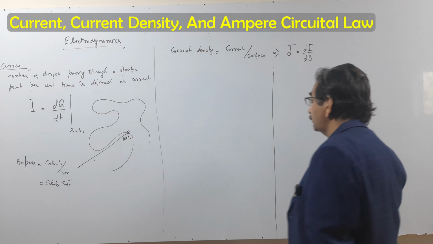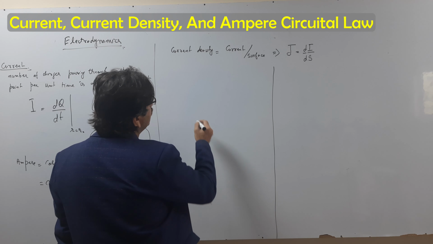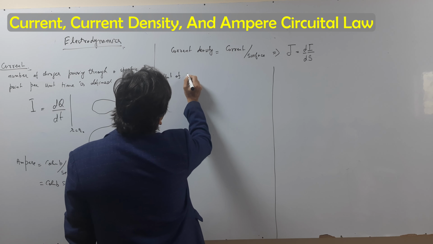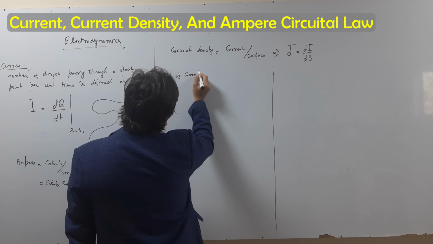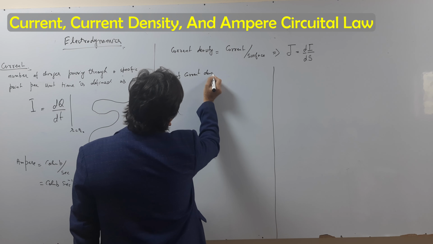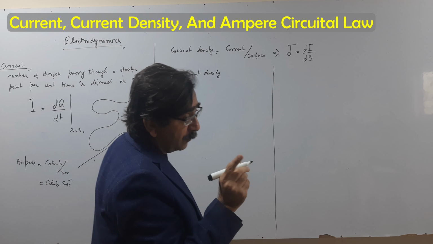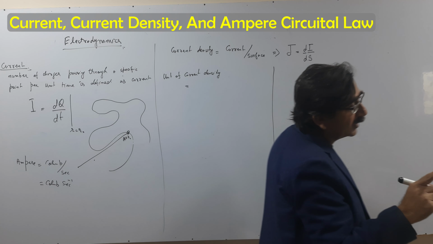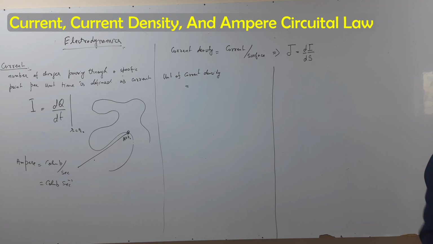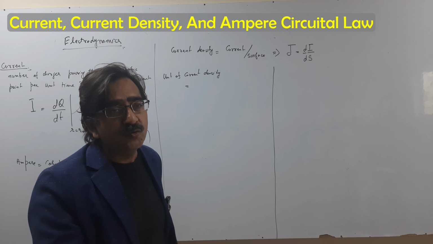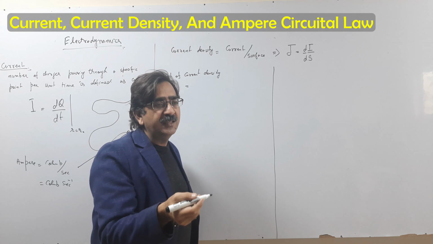And what will be the unit of current density? The unit of current is ampere, and the unit of surface is area, a multiple of two lengths, and the unit of length is meter.